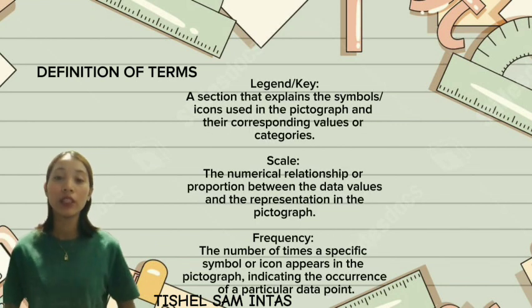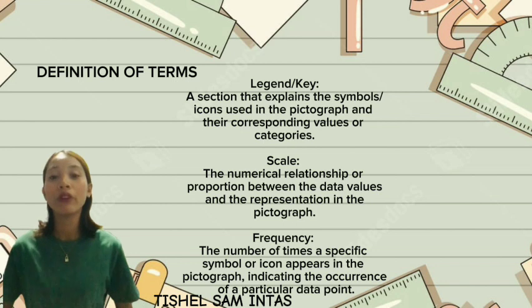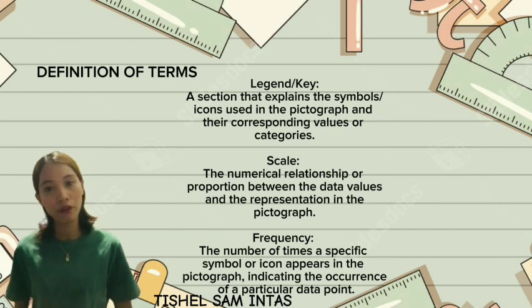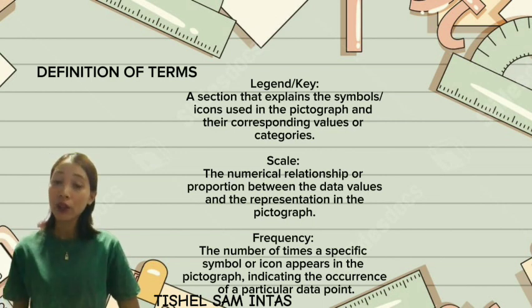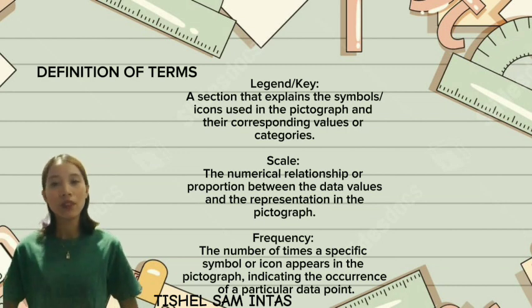While the legend or the key is a section that explains the symbols and icons used in the pictograph and their corresponding values or categories. While scale is the numerical relationship or the proportion between the data values and the representation in the pictograph. While the frequency is the number of times a specific symbol or icon appears in the pictograph, indicating the occurrence of a particular data point.